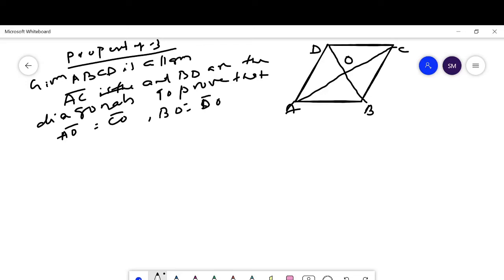As we have to prove that they bisect each other, meaning AO is equal to CO and DO is equal to BO.